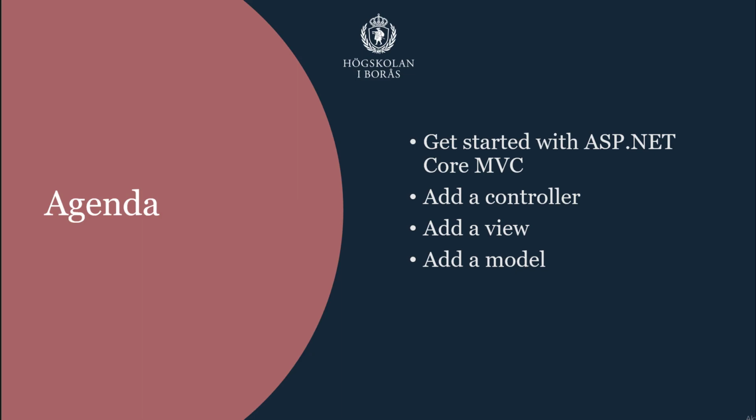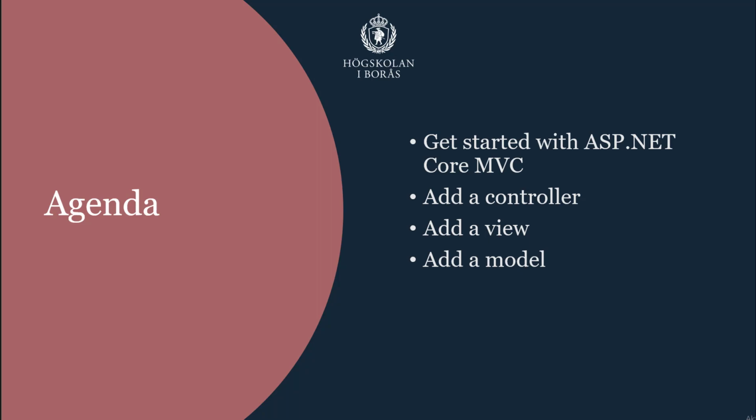So in this video lecture, we have had a look at getting started with ASP.NET Core MVC. We have learned how to create a controller. We have looked at how we can add a view into our project, and we also looked at how we can include a model into our project.